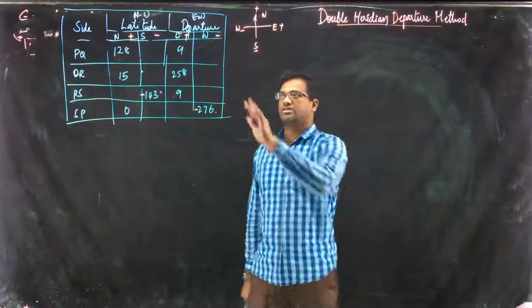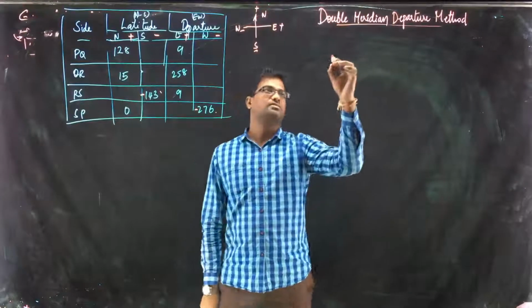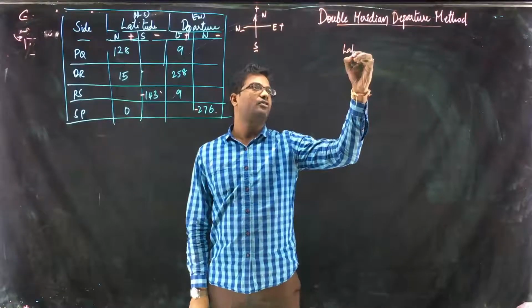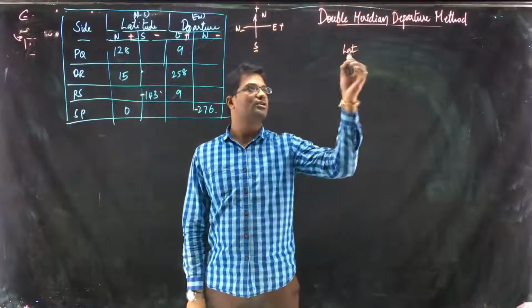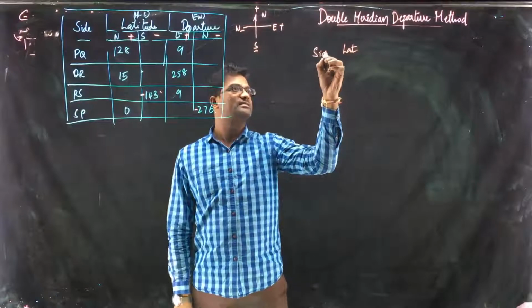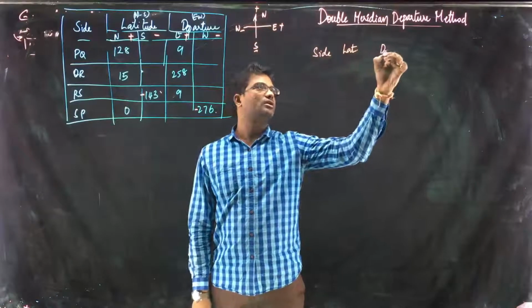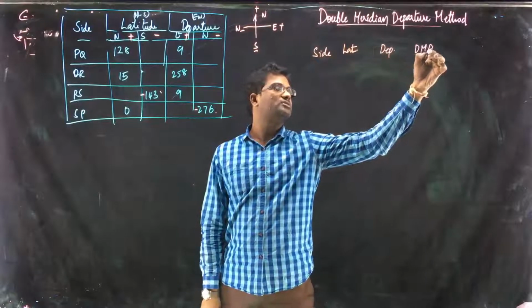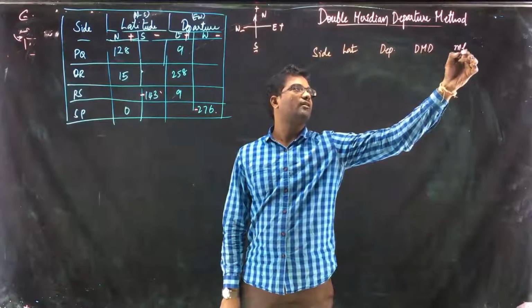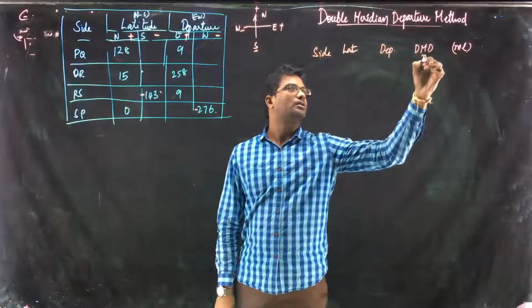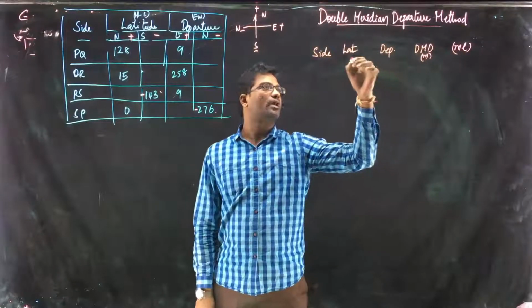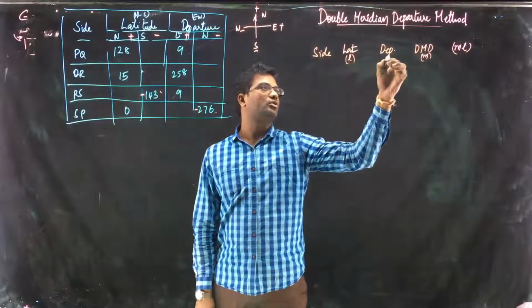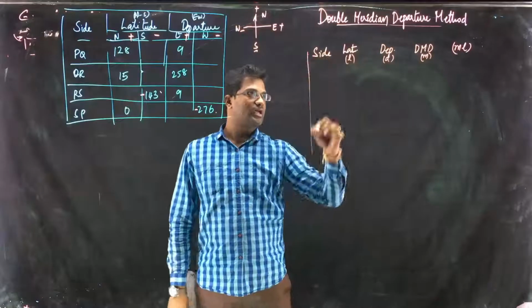We just need to copy the tabular form. So we have columns called latitude. The first column is the side, then the latitude, then we have the departure, then the double meridian departure, then we have to multiply the double meridian departure with the latitude, if I denote departure as D.